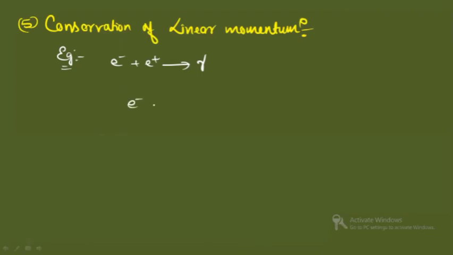If this is an electron and this is a positron, one coming from this side and the other from this side, they annihilate and you get a gamma. Now we will put the conservation law. Before collision, the momentum is 0. Now the final momentum, PF. For the gamma particle, we know E is equal to PC.